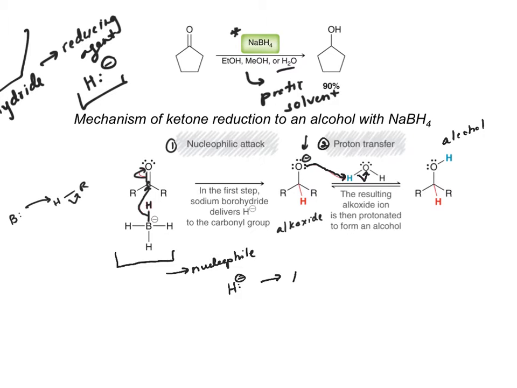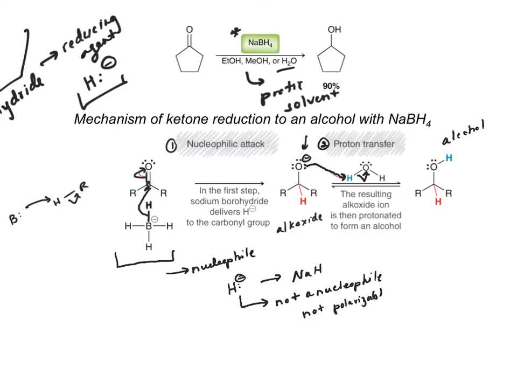We can find it in the form of sodium hydride or lithium hydride. But when we talked about the difference between substitution versus elimination, hydride was not a nucleophile. It was only a very strong base. And the reason for that was the fact that hydride is not polarizable.